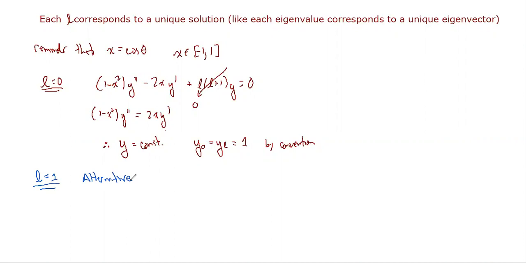The alternative to generate new solutions is essentially Gram-Schmidt. I always misspell one of these. S-C-H-M-I-D-T. Do you guys know what the Gram-Schmidt process is for making bases?